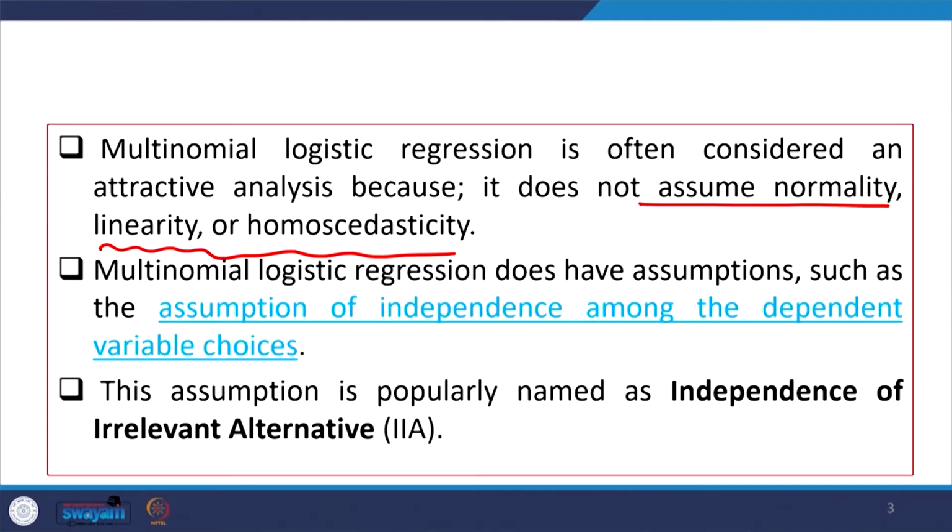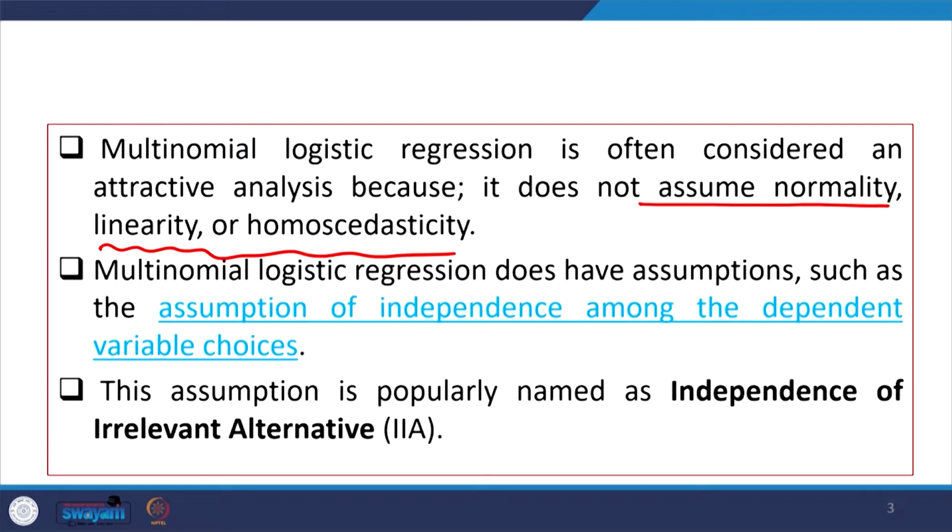The dependent variable choices are the categories which we are going to consider in the model to run the multinomial logistic regression. Those choices should be independent. If there is independence among the choices, then including or deleting certain categories or choices is not going to affect your model much.